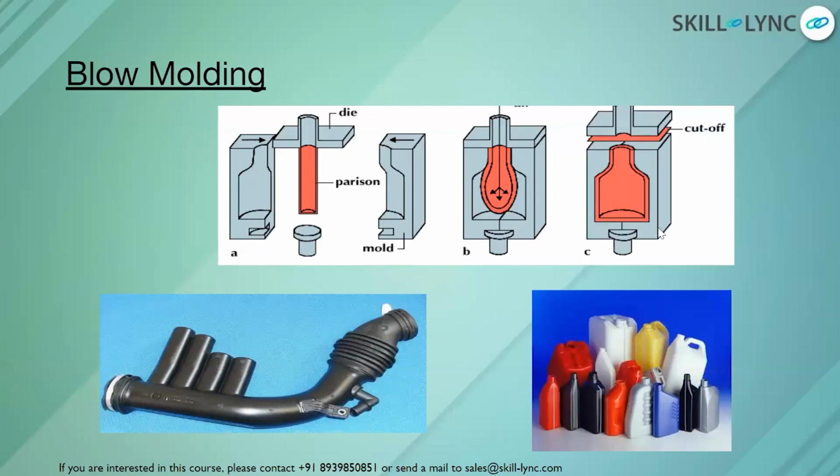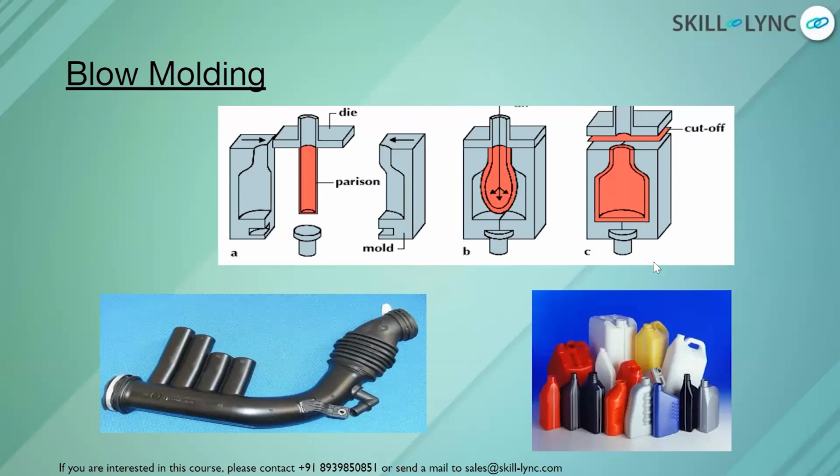Blow molding is another process, and one good example is your water bottles. These are created using the blow molding process. Plastic tubes are created and put into a particular die shape, which is finally in the shape of your bottle. Hot air is then passed into this tube structure, and the hot air expands the plastic, which finally takes the shape of the mold.